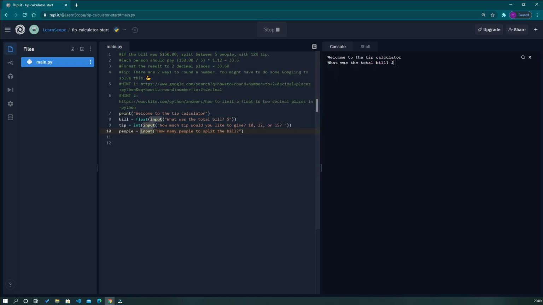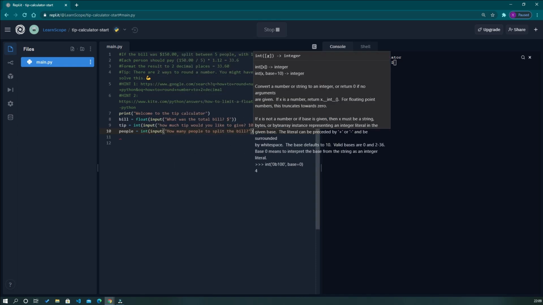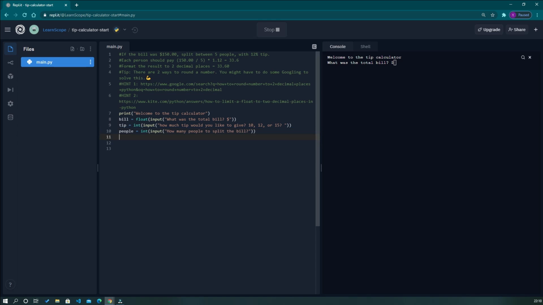And it's going to be a whole number. You can't have half a human. Okay, so that is giving me all the inputs. Let me just run this. 112. Okay, fair enough. There needs to be a space in between.